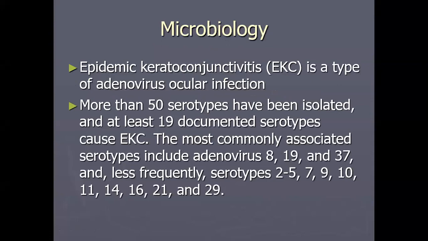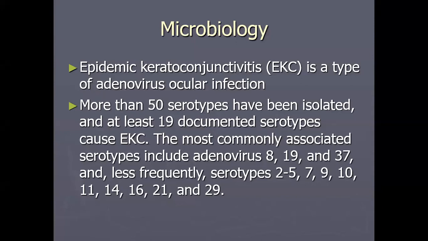Now, what is epidemic keratoconjunctivitis? Basically, it's a type of viral infection that infects the conjunctiva of a normal person. This virus is named adenovirus, and there are many serotypes of this adenovirus. The serotypes that are associated with the conjunctivitis are serotype 8, serotype 19, and serotype 37.